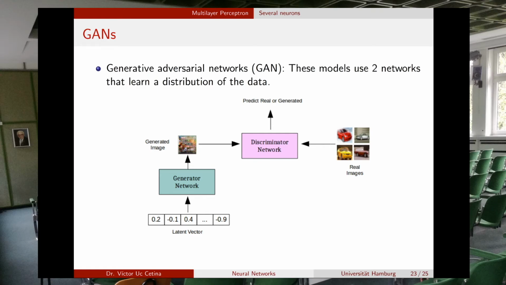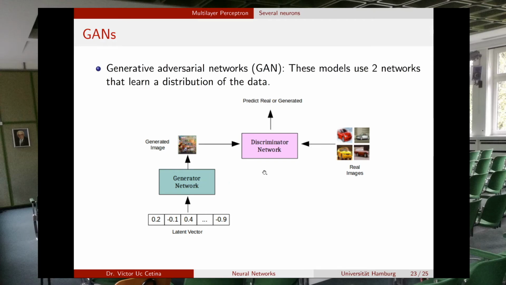Another kind of neural network that is very popular now are the generative adversarial networks, or simply GANs. These models use two networks. One network is called the discriminator network, and another neural network is called the generator.